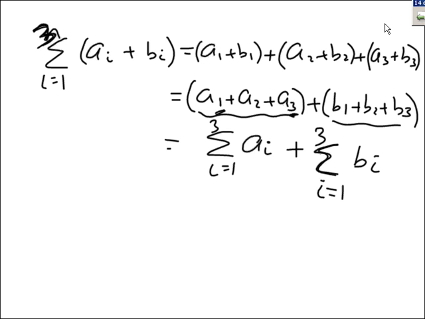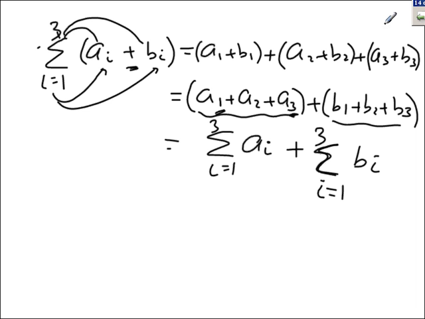What is it that I'm trying to show here? Trying to show that it distributes. You get the summation of a sub i's plus the summation of b sub i's. That's just what it says here.